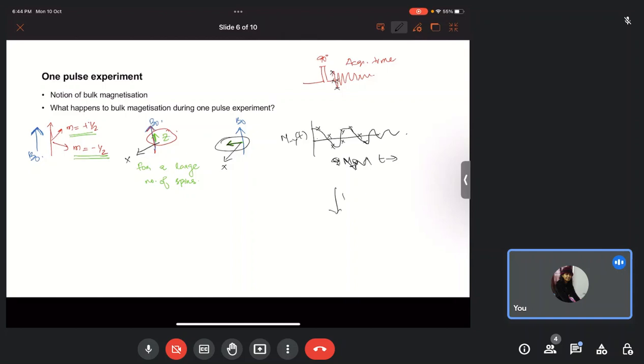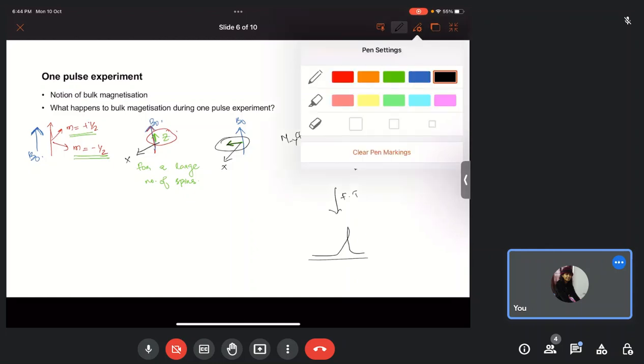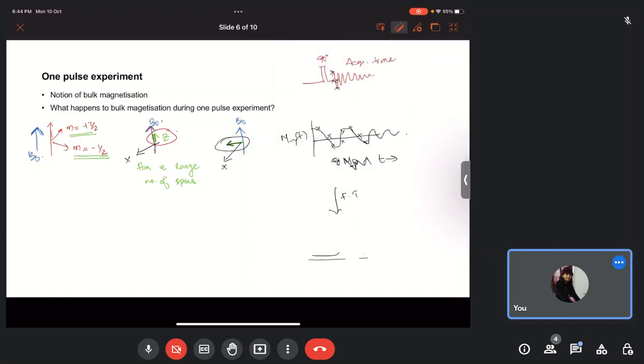You Fourier transform it, and you get a frequency domain spectrum.